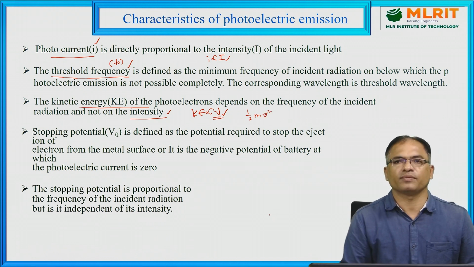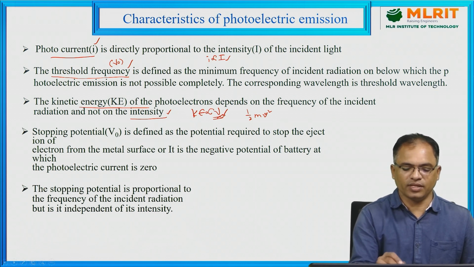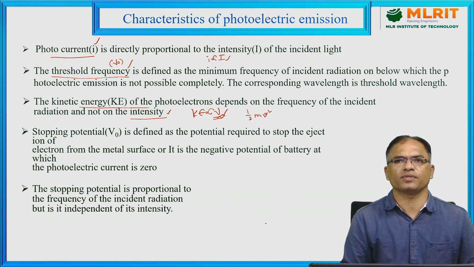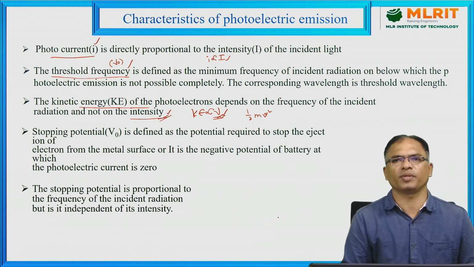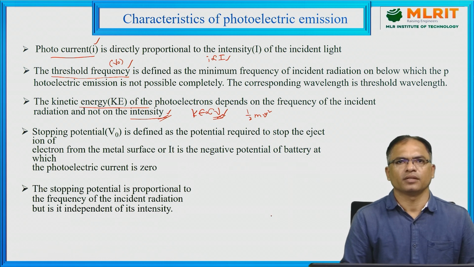So velocity of the electrons which are coming out from the metal surface, or kinetic energy of the photoelectrons, depends upon the frequency of incident radiation. More is the frequency of incident radiation, then more will be the kinetic energy of the electrons which are liberating from the metal surface. It is independent of intensity of incident radiation. Whatever may be the intensity of incident radiation, it doesn't influence the kinetic energy of the emitted photoelectrons.